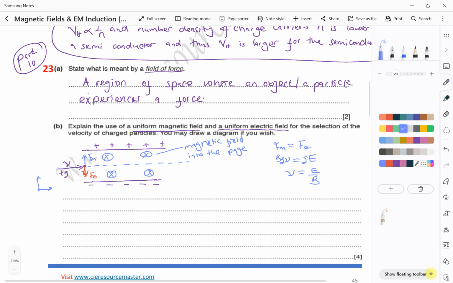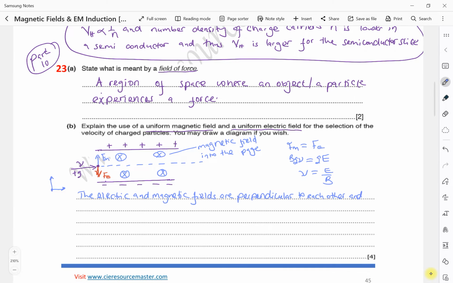So we can now put this in explanation. The electric and magnetic fields are perpendicular to each other and to the velocity of the particle.